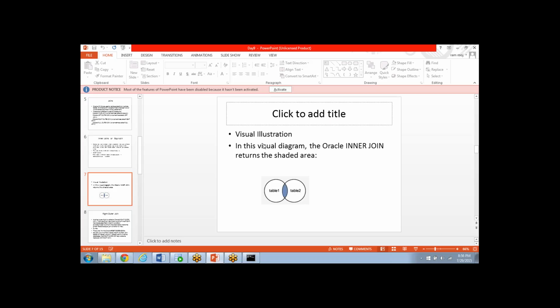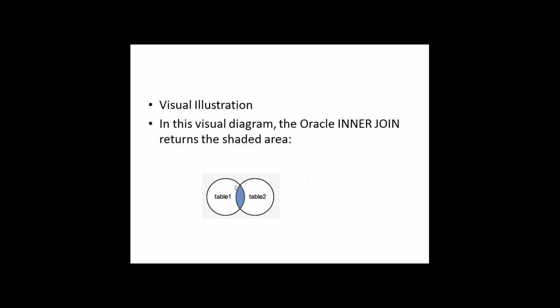So this is a visual way you can see it. If you have common department numbers, say 10, 20, 30 on table 1, and you have 10, 20 on the other table, you will get 10 and 20.